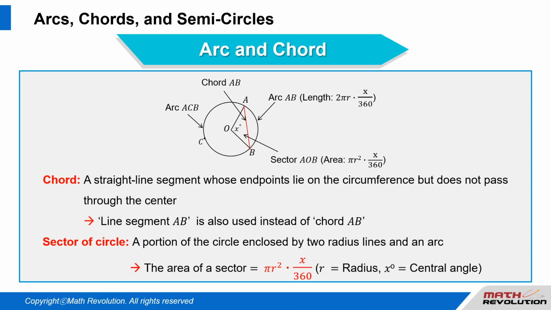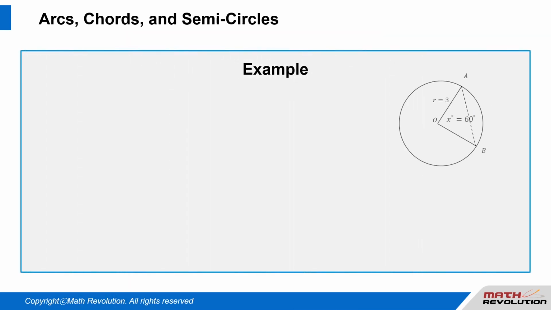For example, circle with center O, radius OA equals 3, and OB equals 3. Chord AB and angle at center is x equals 60 degrees.